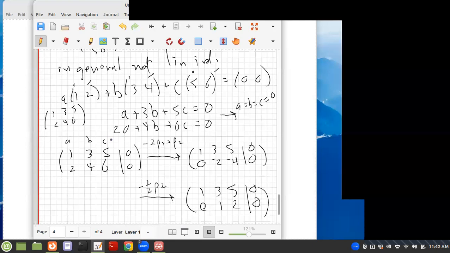Look at this coefficient matrix here for the system. See, I have 1, 2, I have 1, 2, I have 3, 4, I have 3, 4, I have 5, 6, I have 5, 6. What's happening is that each of these vectors here has become a column here, right?